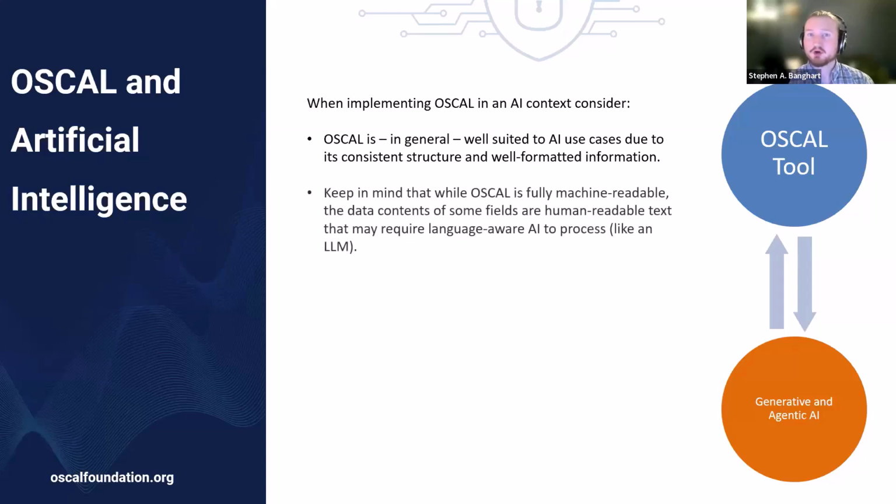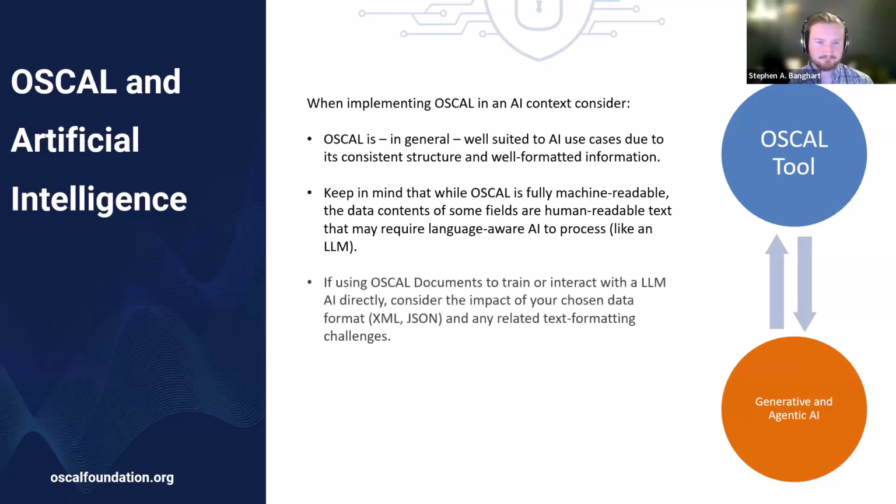Couple notes that are worth keeping in mind if you're going to go down that route. OSCAL is fully machine readable, but many of the fields inside of OSCAL are still in human readable text. And that means that a traditional AI that is focused on numerical values is probably going to struggle to make sense of it. And you may need a language aware AI like an LLM.